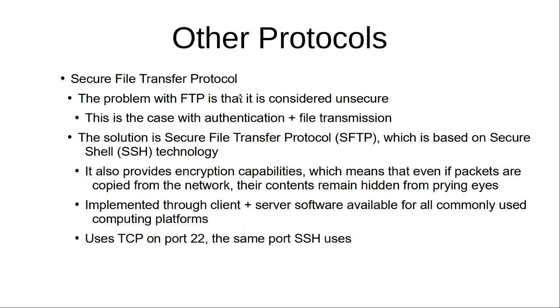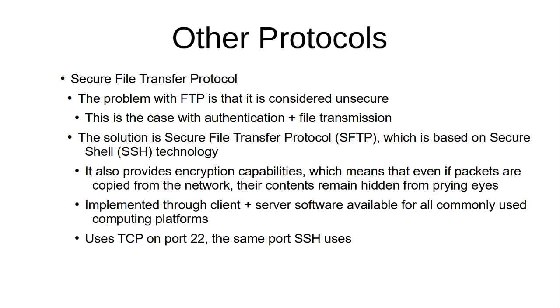So there's FTPS and there's SFTP. Different things. The problem is that FTP is considered unsecure. The solution is Secure File Transfer Protocol, SFTP, which is based on secure shell technology.